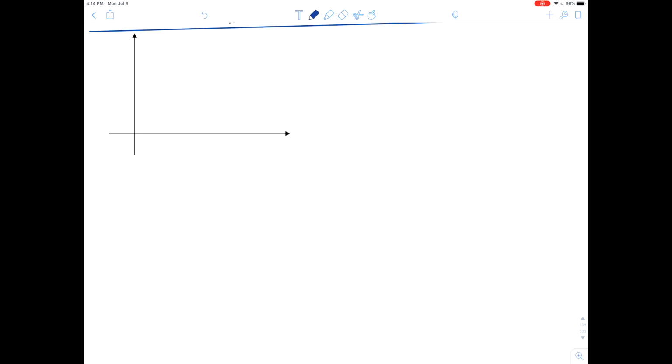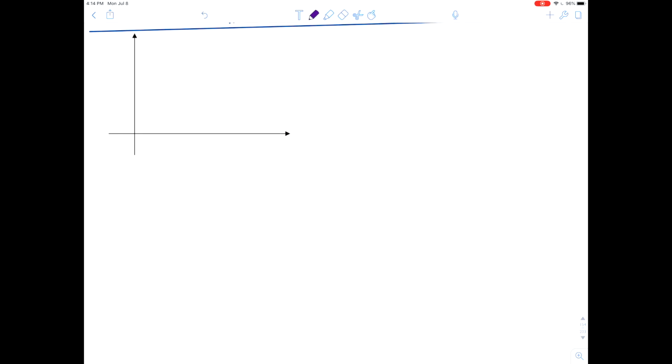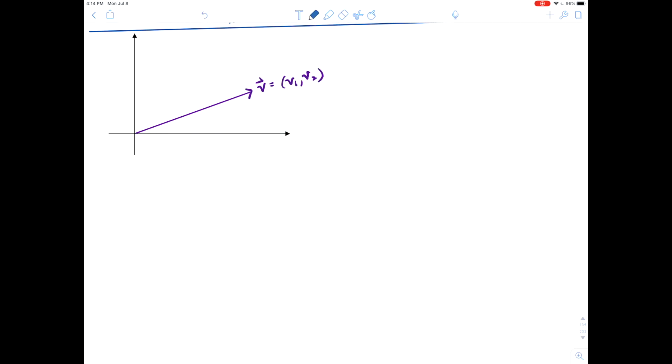Cool, cool? Okay, so now let's play around a little bit more. So kind of like before, let's say that we've got a couple of vectors. We can still have v look something like this. And then let's say the vector u looks like this.